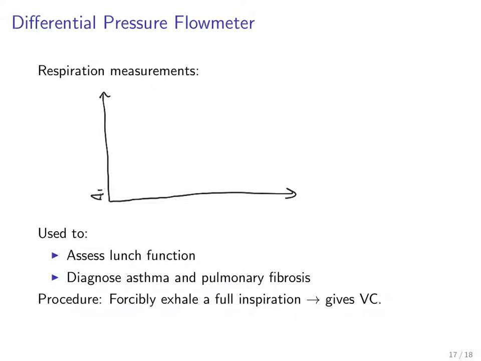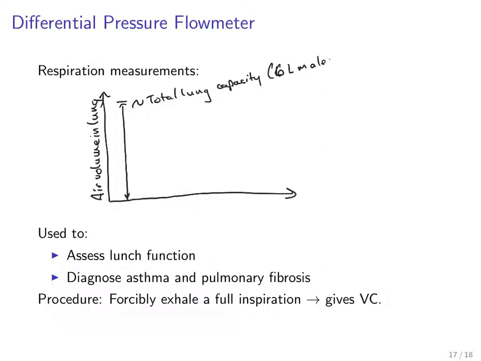Here on the y-axis we have the air volume in the lung, and then we have the total lung capacity. On average, the total lung capacity is about 6 liters in males, or about 4.7 liters in females.